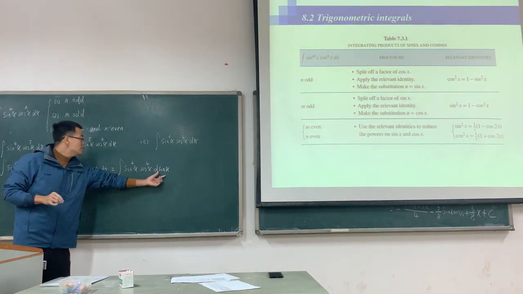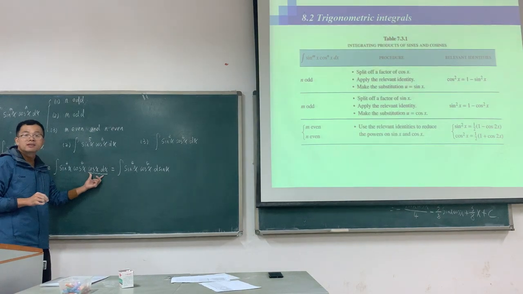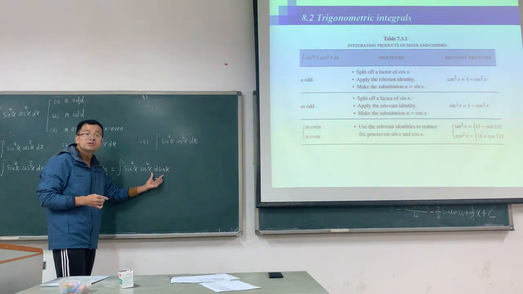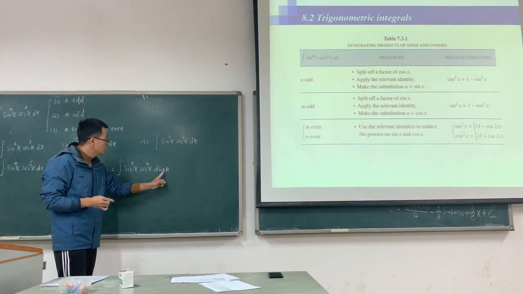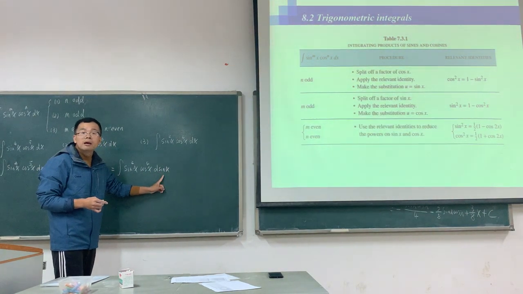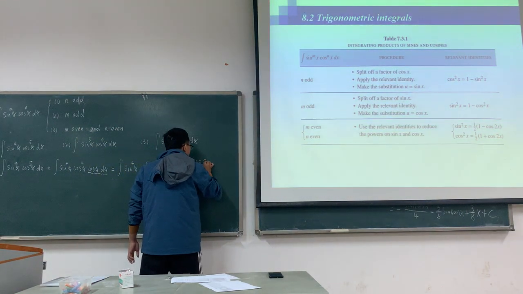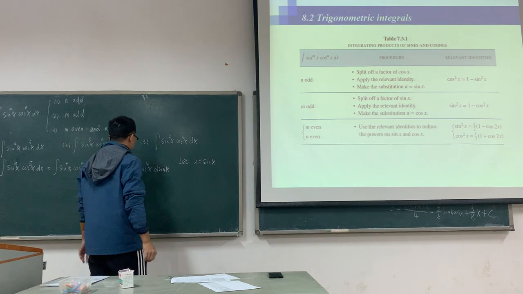So d sin actually is cosine dx. So from here we use the u substitution. We let u equal to sin.